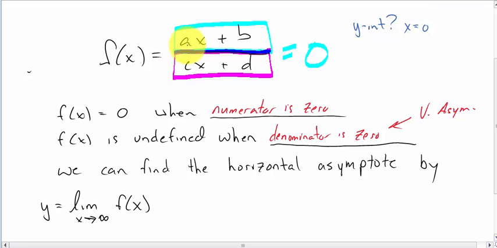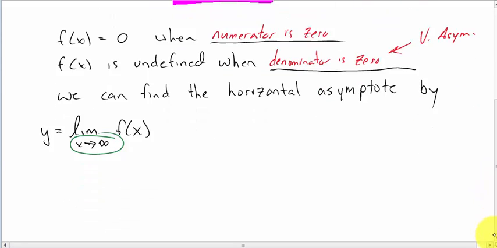For the 1 over x graph, it was y equals 0, but how do we find this now? Well, we're going to use what's called a limit. We're going to take the limit of f of x as x gets really big. We're going to look at what happens, and it should be getting closer and closer to something. So let's start by looking at the limit as x gets really huge of 1 over x.